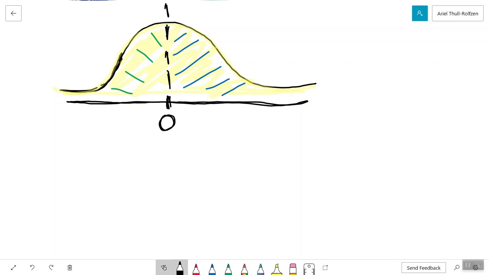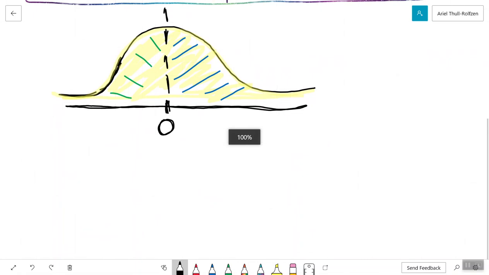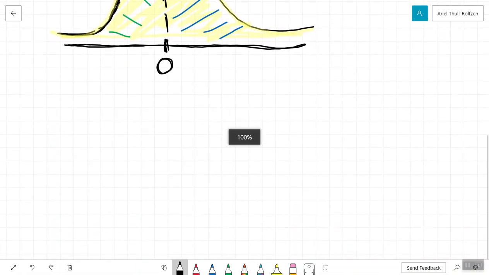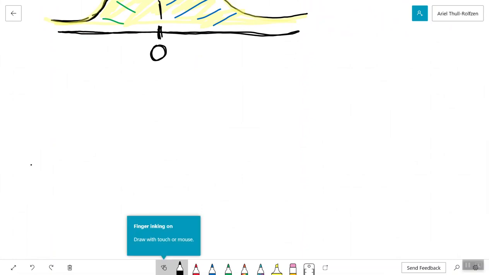It's symmetrical. If I were to take it on a piece of paper and fold it in half, it would look exactly the same on both sides. So now we're going to build off of our bell curve. Now that we know that it's symmetrical and it has the same area on both sides of the middle, I'm going to build off of that idea.